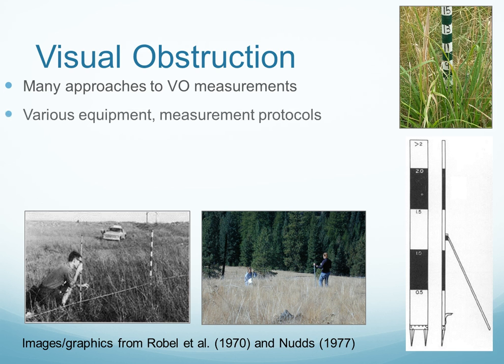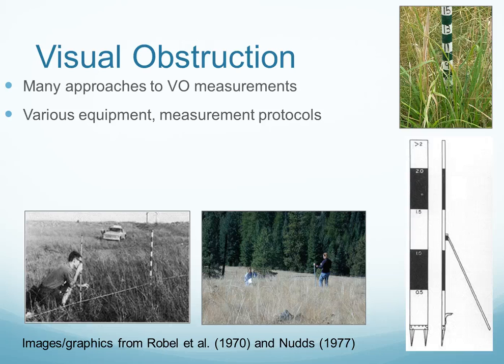With these different types of equipment, they may be marked in different widths of segments, or they may be measured with different kinds of protocols, different viewing distances or viewing heights.